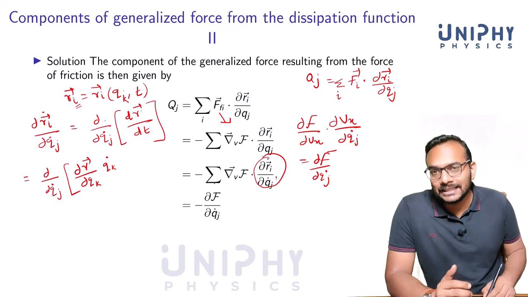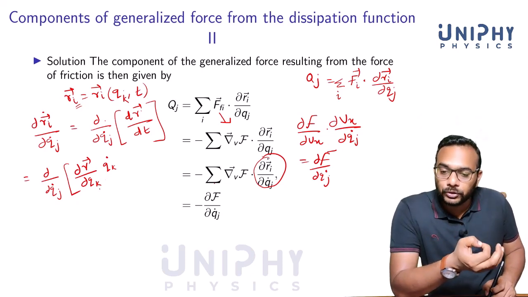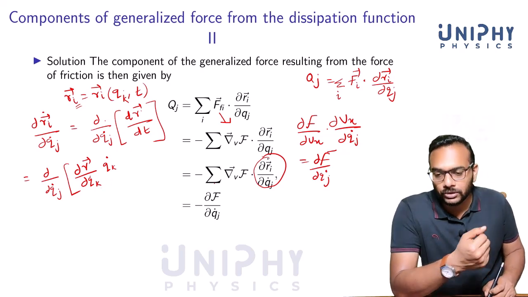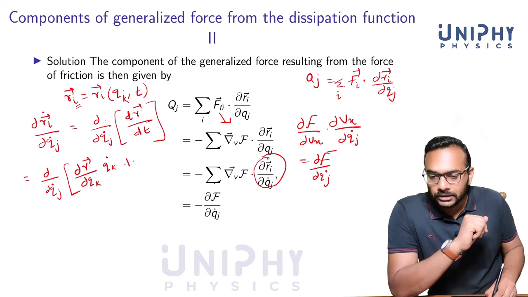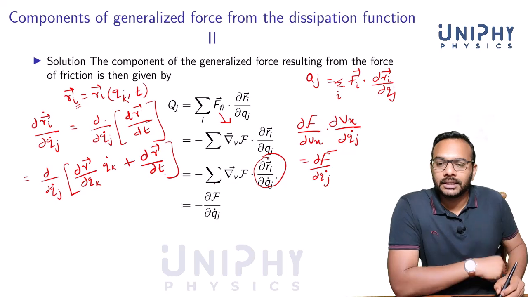times q_k dot. So this is the time change in r vector due to the dependence of the coordinates on time. There are two contributions, and then there's also ∂r vector/∂t.